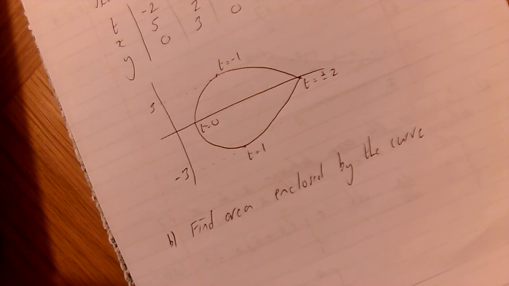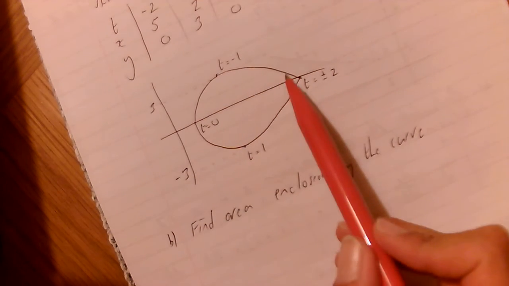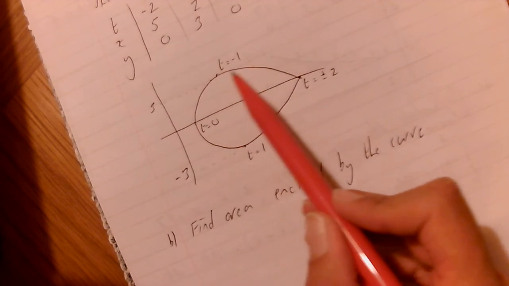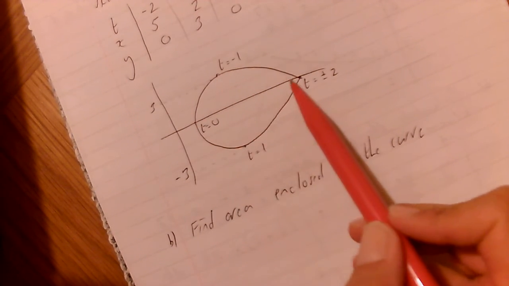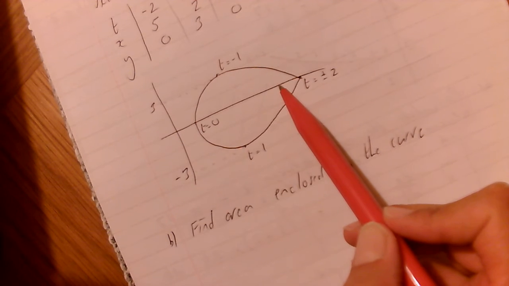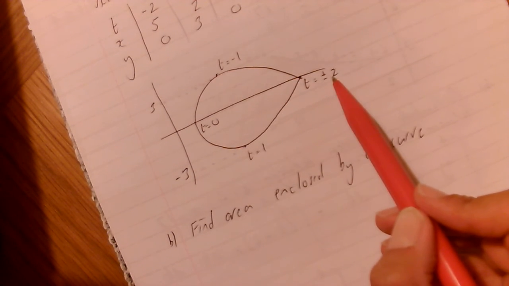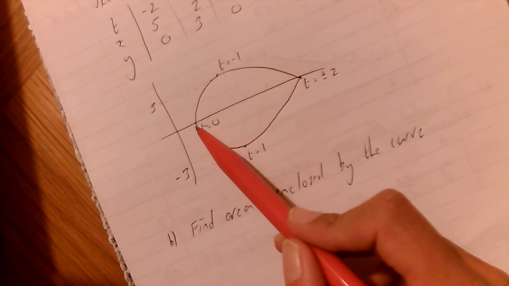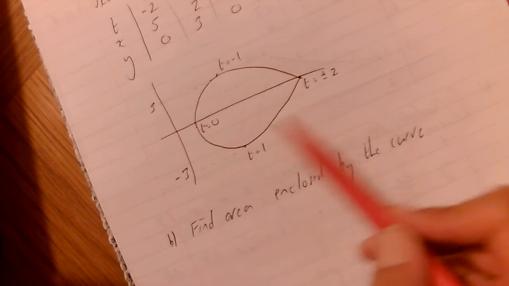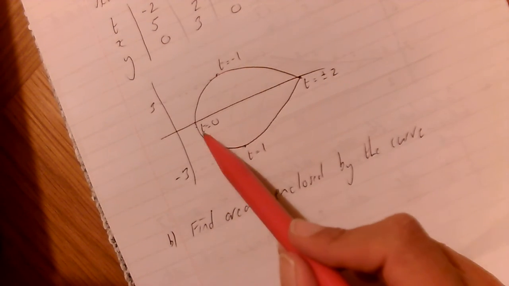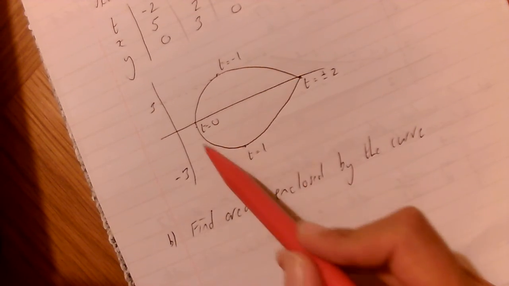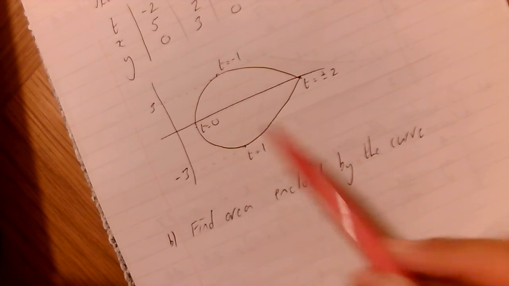Now this one is slightly more awkward because when you do it, we've got to do the top part of the equation, which is between -2 and 0, and then we're going to have to do the bottom bit between +2 and 0, because these values here on the bottom, these are the positive t values.